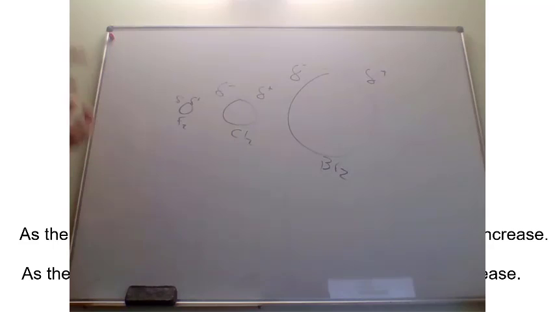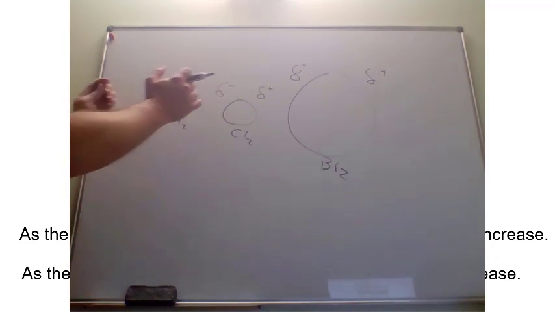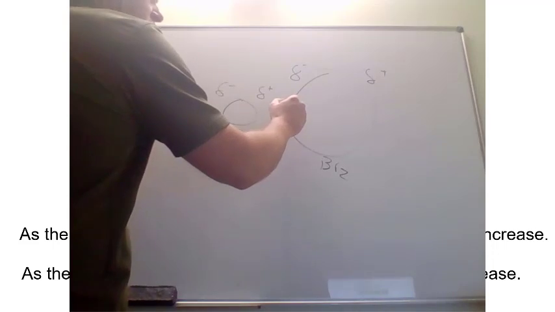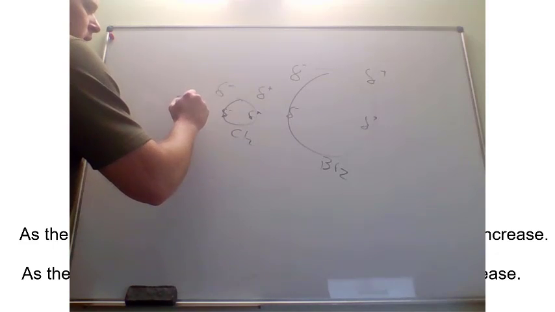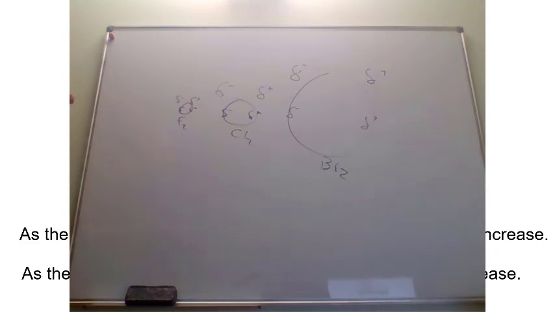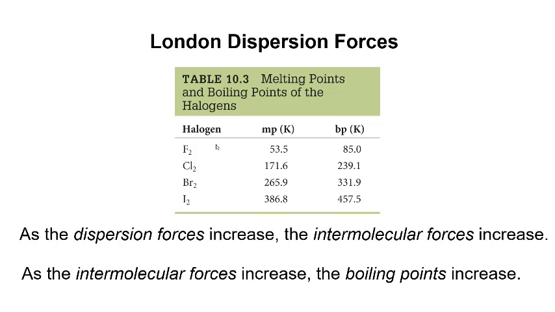So the bigger the molecule, the larger the molecular weight, the stronger the London dispersion force becomes. And the reason is because those partial positive and partial negative charges are further spread apart in physical space, so they have more of an opportunity to act as a magnet. If we go back to the slide, we can see that as we go from F2 to Cl2 to Br2 to I2, as we increase our molecular weight, our boiling point becomes higher, and for that matter, the melting point also becomes higher.